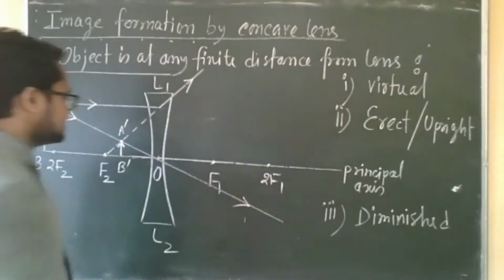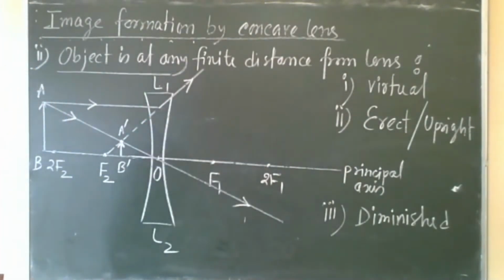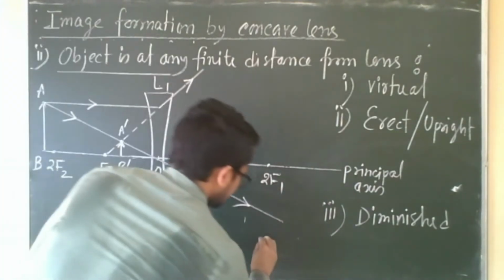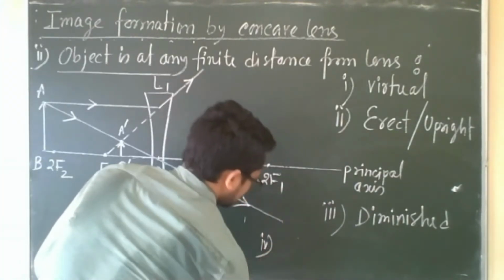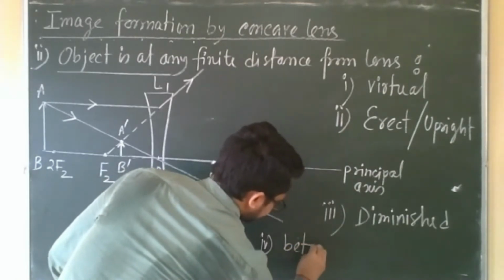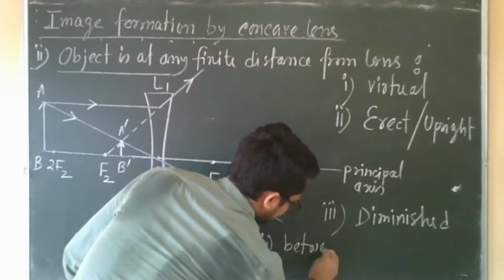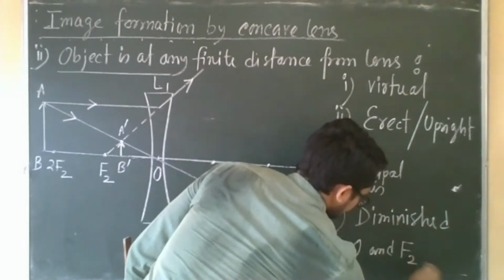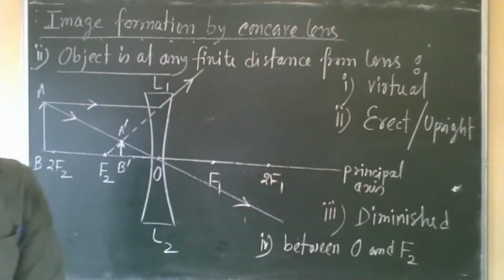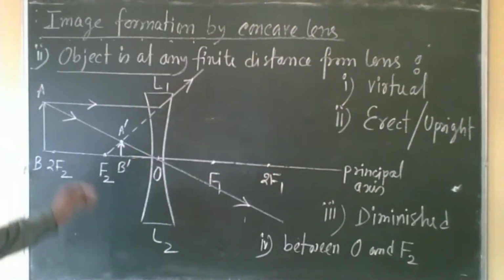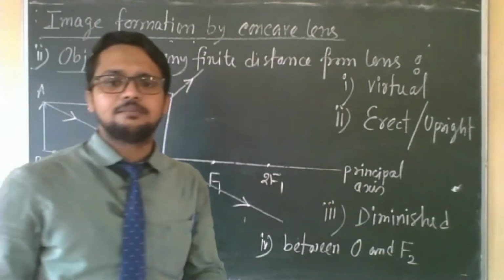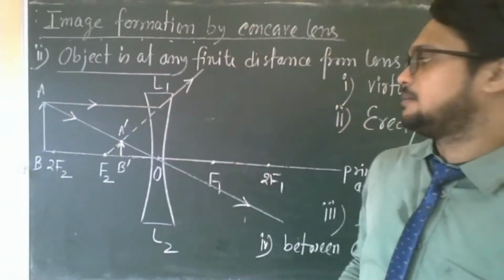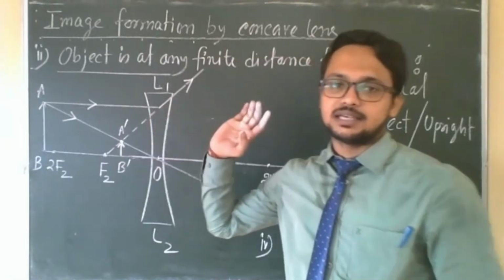And the fourth one, what is the position? The position is between the optical center and the second focus, or between the lens and the second focus. This is the important point. So wherever you place the object, but not at infinity, you will always get the image between the optical center and the second focus.